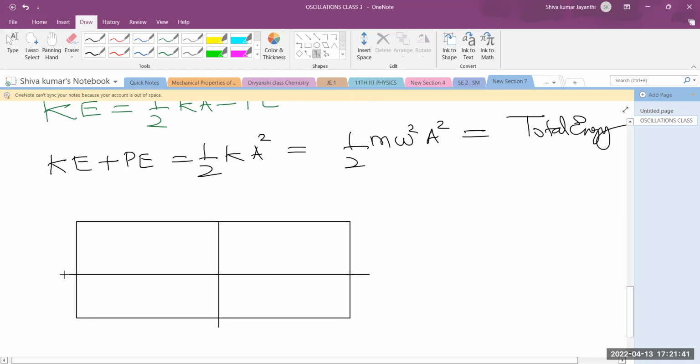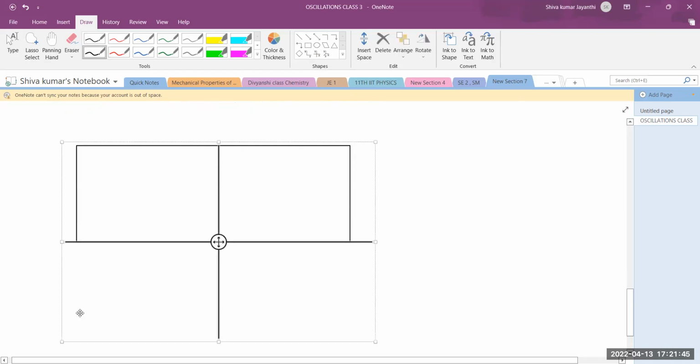At 0 is the mean position, and the extreme position is where it becomes amplitude.